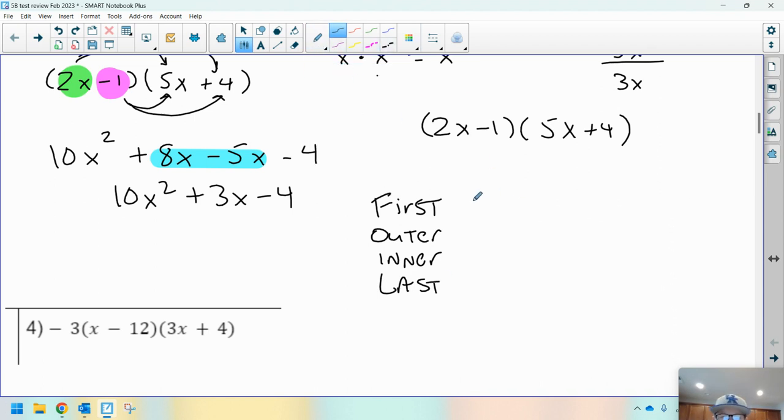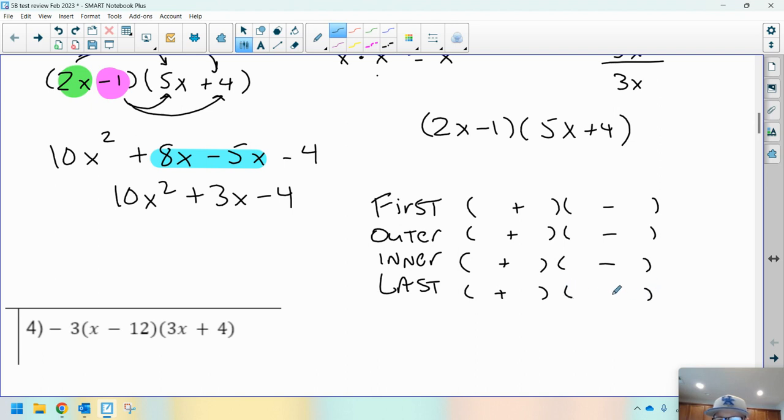I'm going to just put a plus in the middle of one and a minus in the middle of the other. It doesn't matter what I put here, I just want to show you. Actually, I will change that to a minus because I said I was going to do a minus in the second one. So we have a plus in the middle of the first binomial, a minus in the middle of the other one.